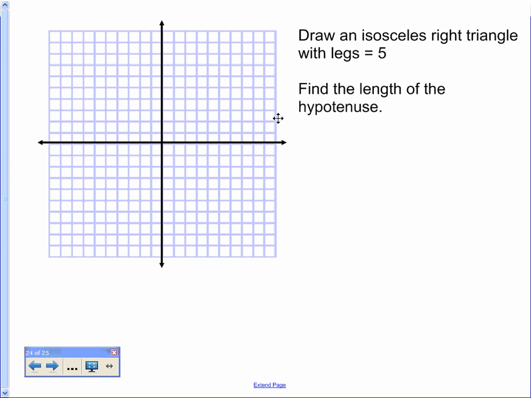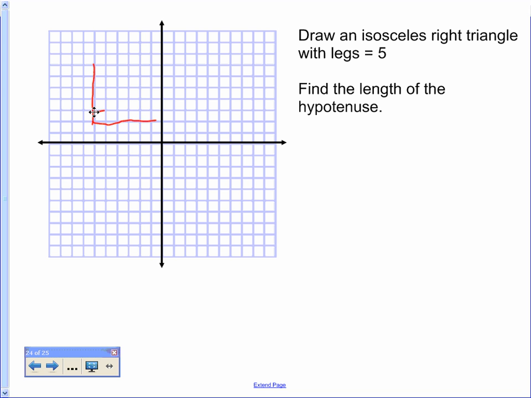So I just want to demonstrate why the diagonals don't count as 1, and also just kind of review the Pythagorean theorem. So if I draw an isosceles right triangle with legs equal to 5, that means I want to go 1, 2, 3, 4, 5. And it's going to be easier if I just go 5 the other way. 1, 2, 3, 4, 5.